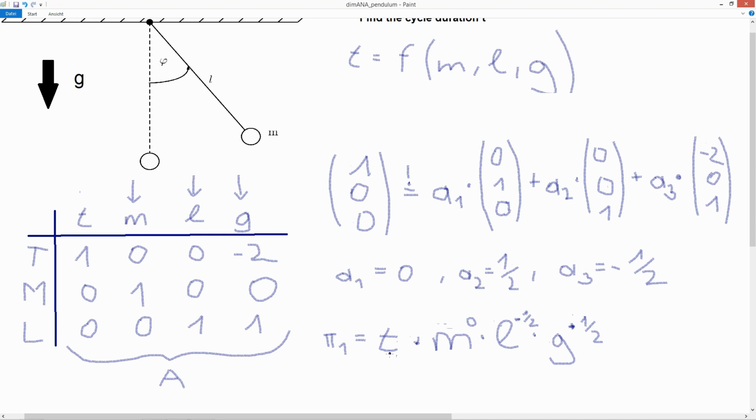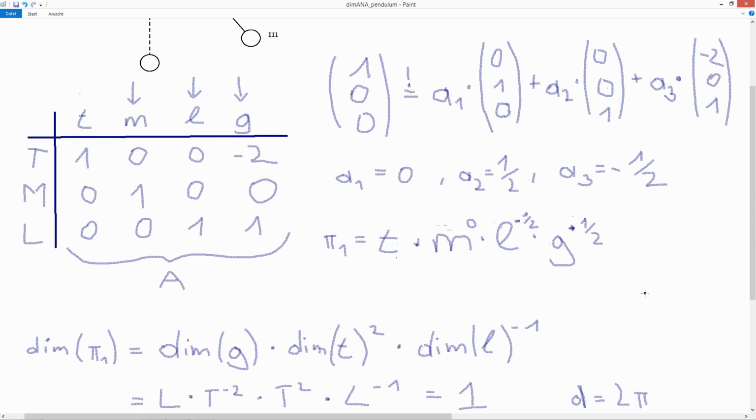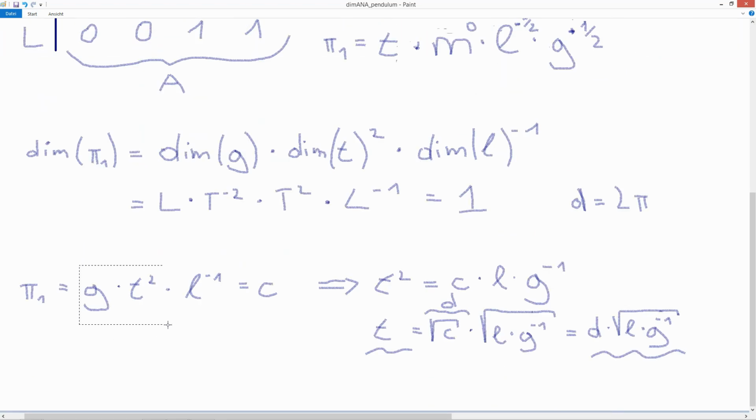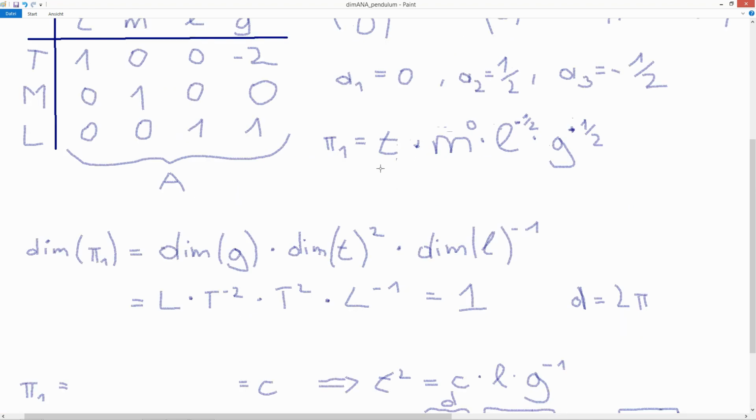This time this here is the pi factor pi1. So to get a formula for t, we will use the Pi-Theorem. So let's change this here to that here.